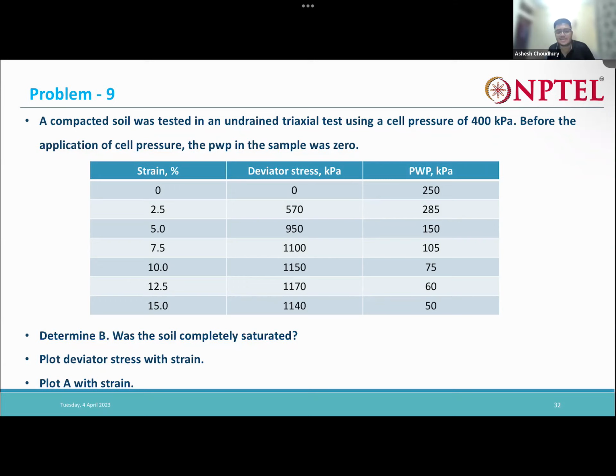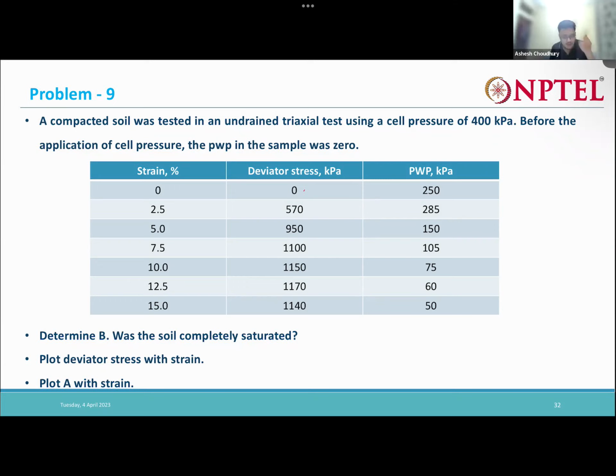What is the other stress that you are applying? Cell pressure. So this 250 pore water pressure developed at a deviator stress of 0 must be due to the cell pressure. As you apply 400 cell pressure, the pore water pressure developed is 250.